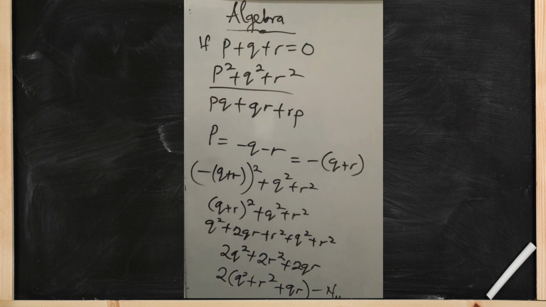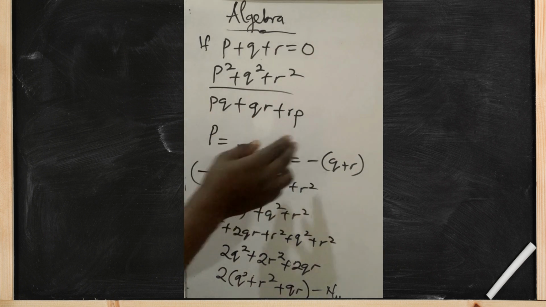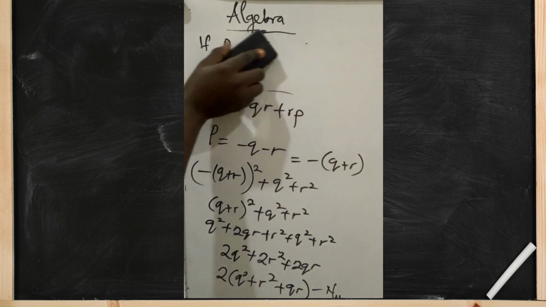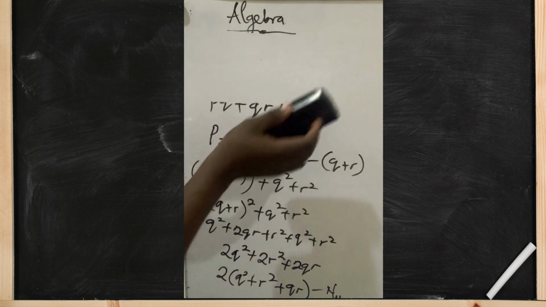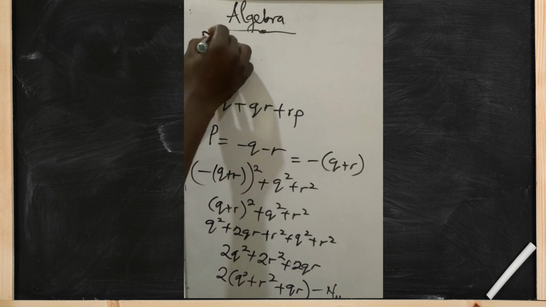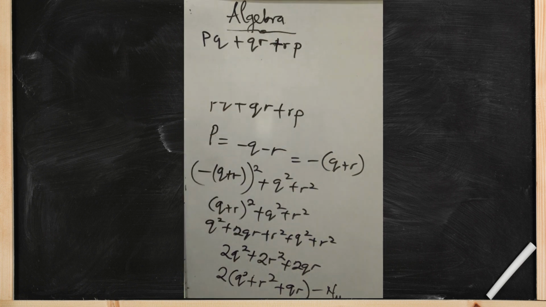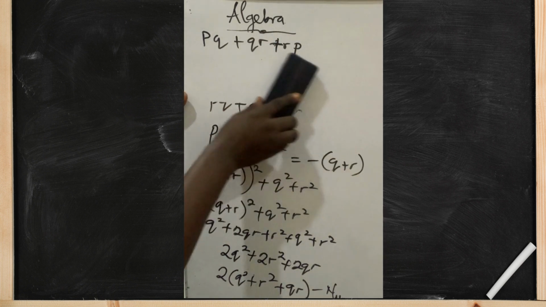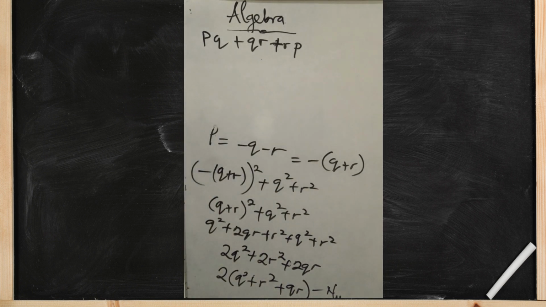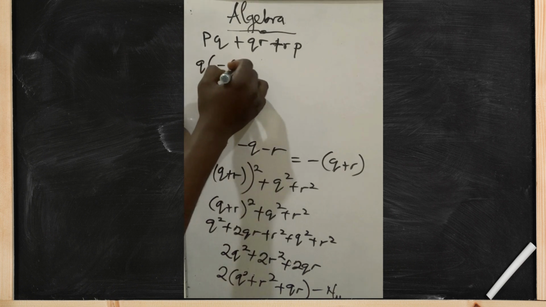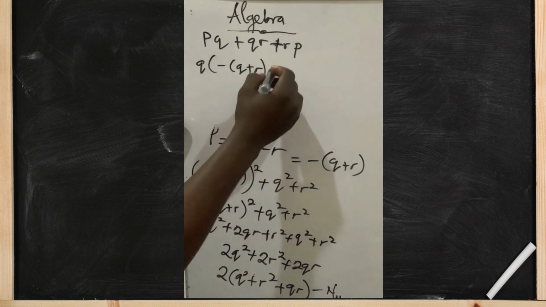Now, we want to get the value that will align for the denominator now. To get the value that will align for the denominator, now we're having PQ plus QR plus RP for the denominator. So the denominator is PQ plus QR plus RP, right? Okay, so by the time we will be replacing this, our P to represent this, we are saying minus Q plus R, right?